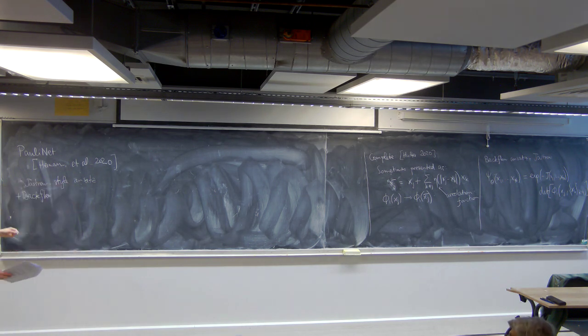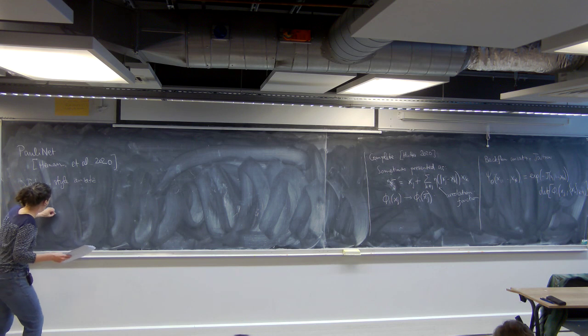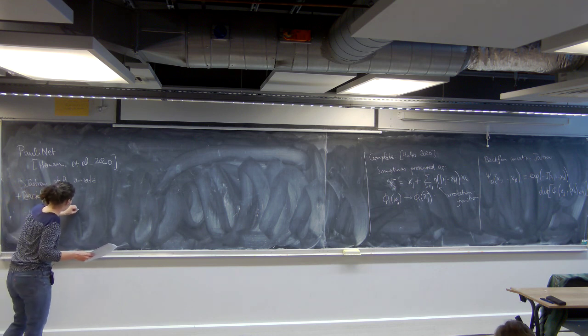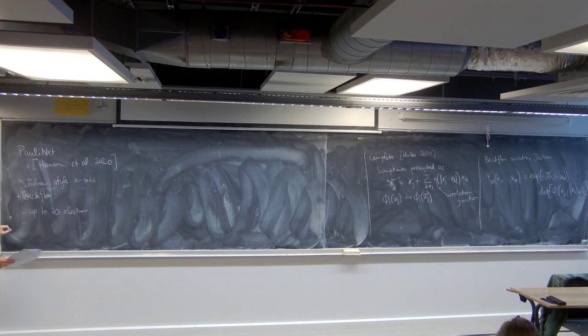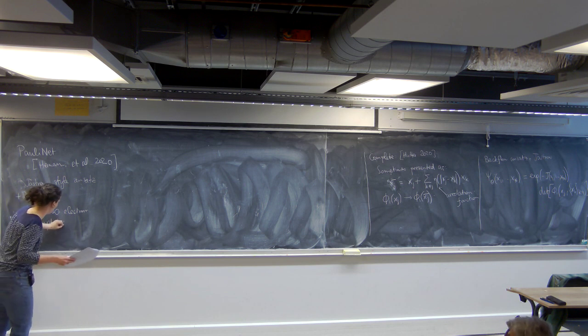To give you a rough idea, in the first paper, which I'm sure has been improved after that, they do systems with up to 30 electrons, and the asymptotic scaling of the method is N to the 4.